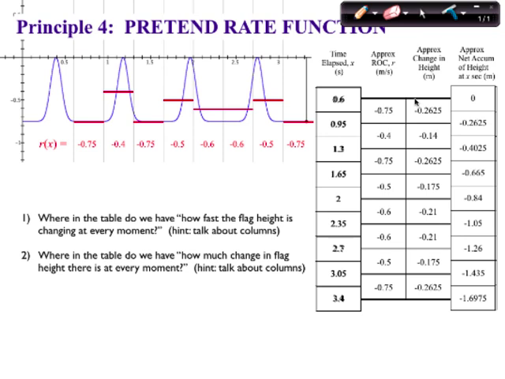This is the table we came up with. As a starting exercise, looking at this table, where in the table do we have how fast the flag height is changing at every moment? Talk about columns, not a column.